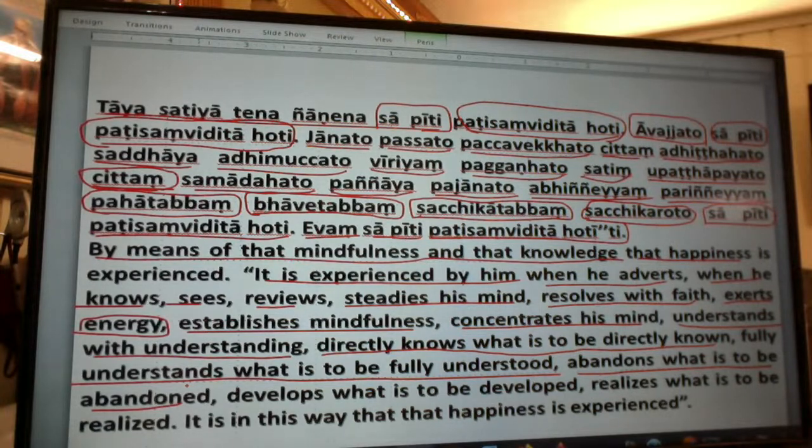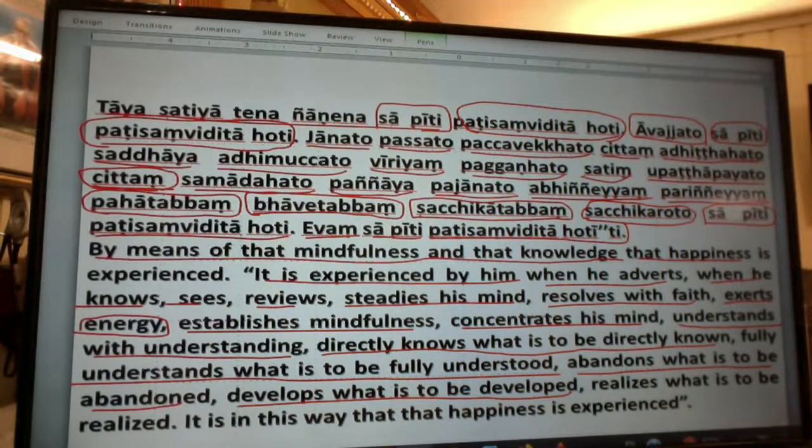We need to practice. Bhavitabba. So developed. What is to be developed? The Eightfold Noble Path we have to develop: right understanding, right thought, right speech, right action, right livelihood, right effort, right mindfulness, right concentration.